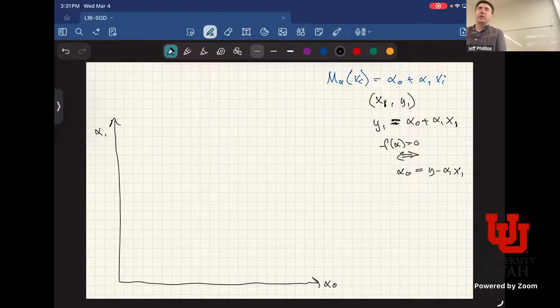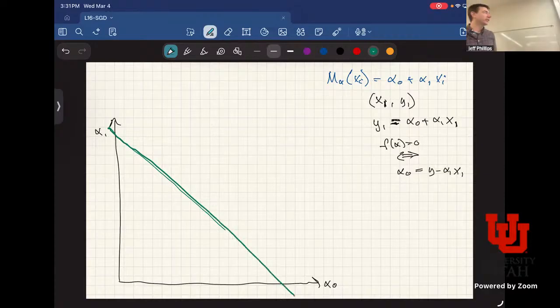Now I can write this as an equation of alpha 0 as a function of alpha 1. This is going to look like a line in this space. So this will be the line where alpha 0 is equal to y minus alpha 1 x1. This line corresponds with the 0 set of our function.